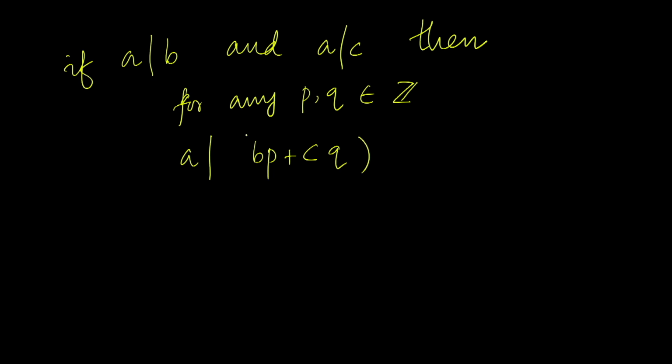That is, if a divides b and a divides c, then a will divide any linear combination of b and c where the linear combination has integer coefficients. p and q are the coefficients of the linear combination, these are integers. So, any such linear combination of b and c will be divided by a.